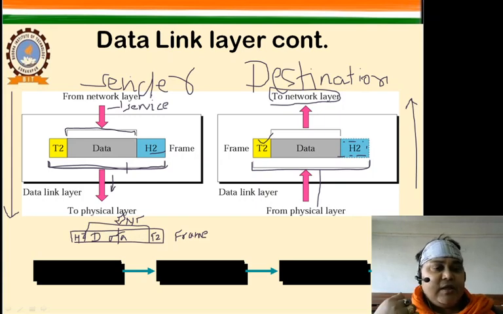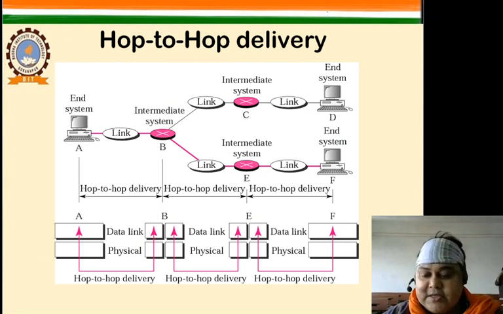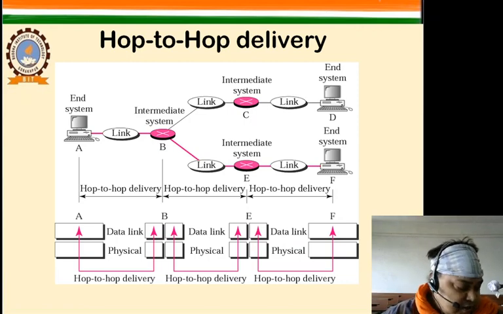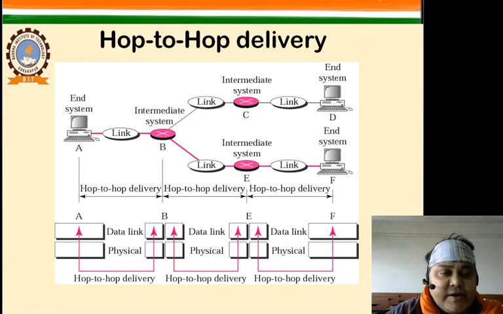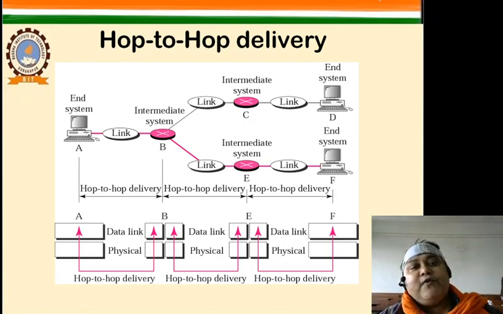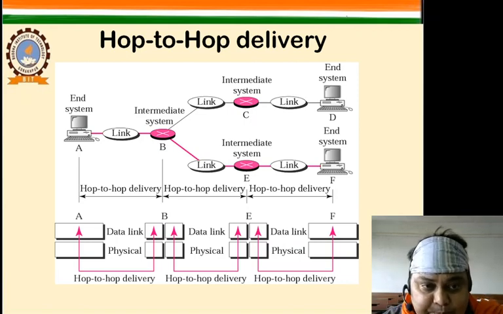So it follows the layered structure. Now let us march towards the next important point. This is one example of your data communication data link layer. Data link layer is highly responsible for the movement of your frame from one hop to another hop.